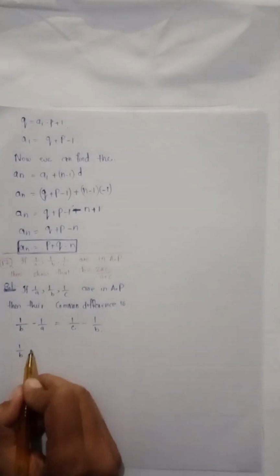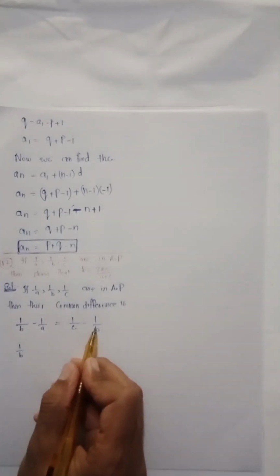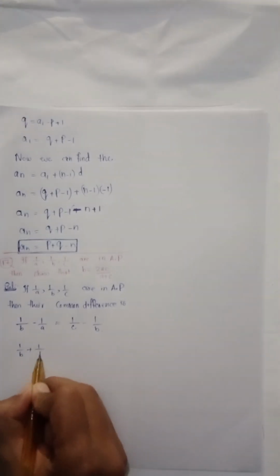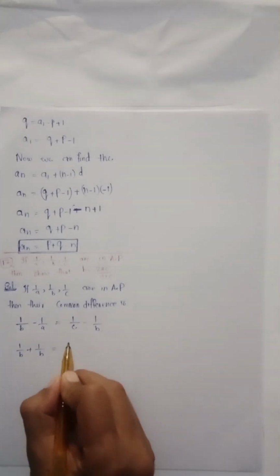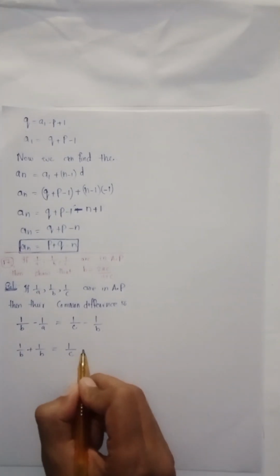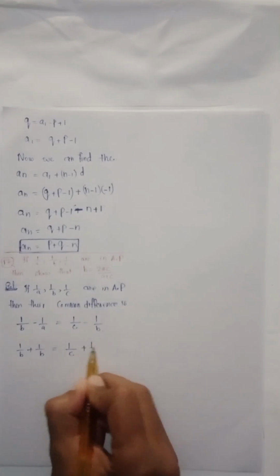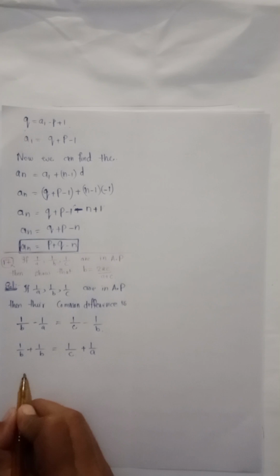1 over b, and this minus 1 over b will become plus 1 over b when shifted towards the left hand side, and this will also become positive.